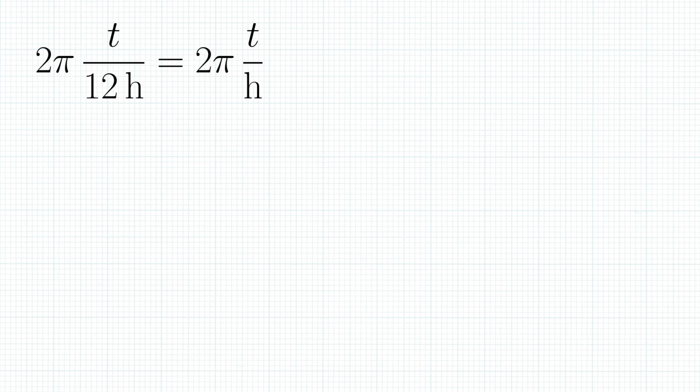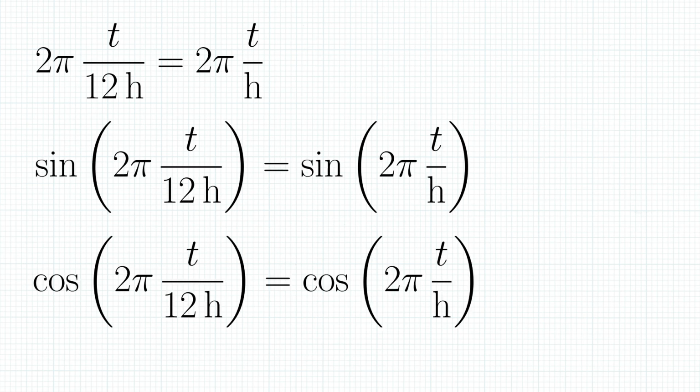So we have our equation multiplied by 2 pi, and we're going to apply the sine function to both sides and the cosine function to both sides. We can now plug these equations into a computer algebra system to obtain numerical solutions. We're looking for the smallest non-zero value of t that satisfies both equations.